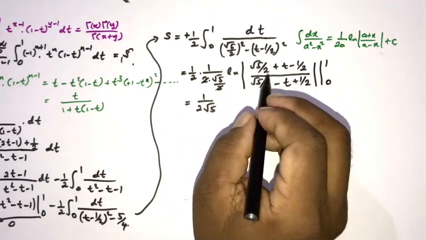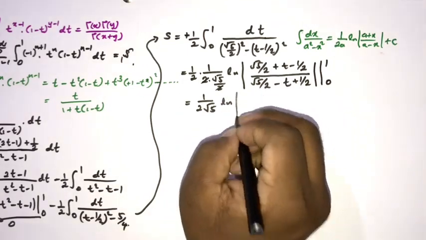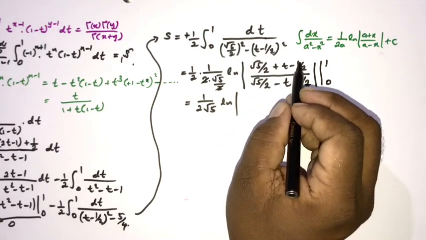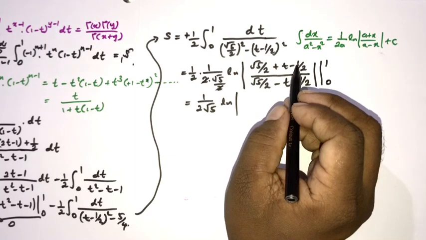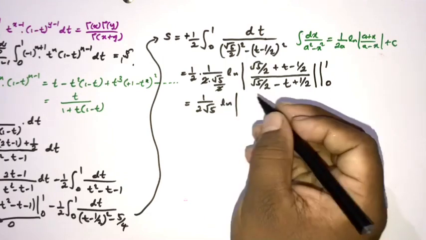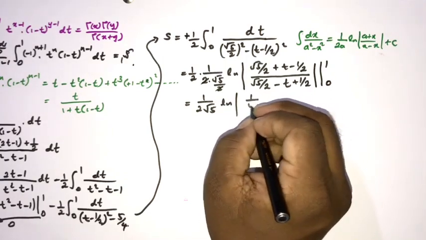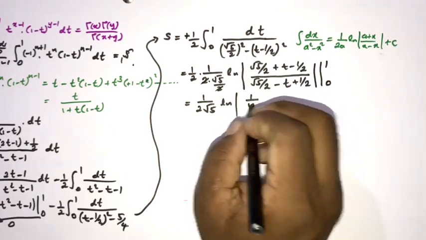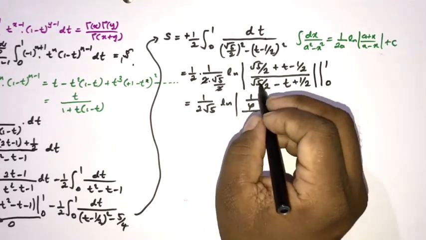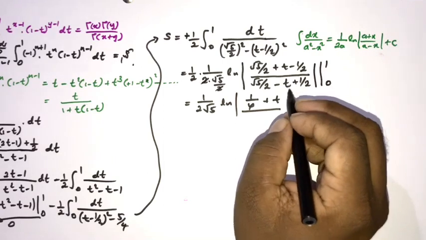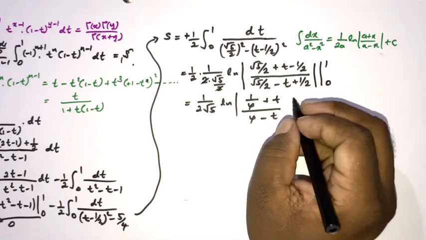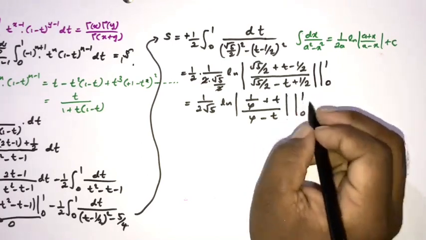Now here we have natural log of the square root of 5 over 2 minus 1 over 2, we know the reciprocal of the golden ratio, 1 over phi, plus t over, here we have the square root of 5 over 2 plus 1 over 2, we know the golden ratio phi, minus t, from 0 to 1.